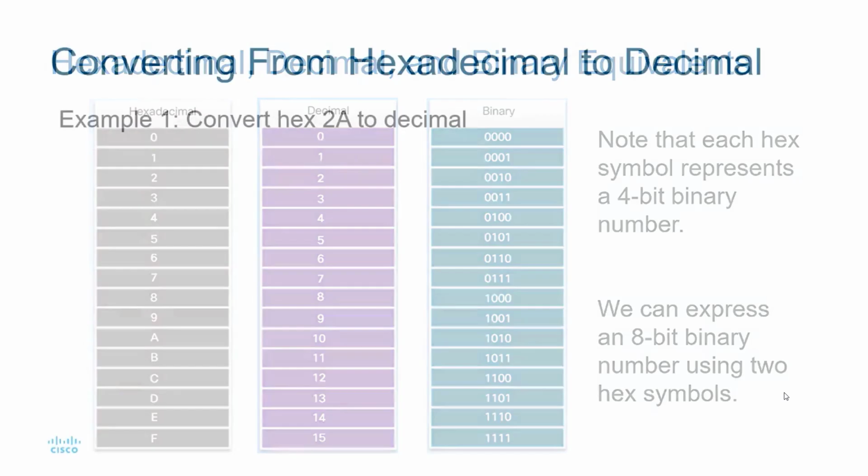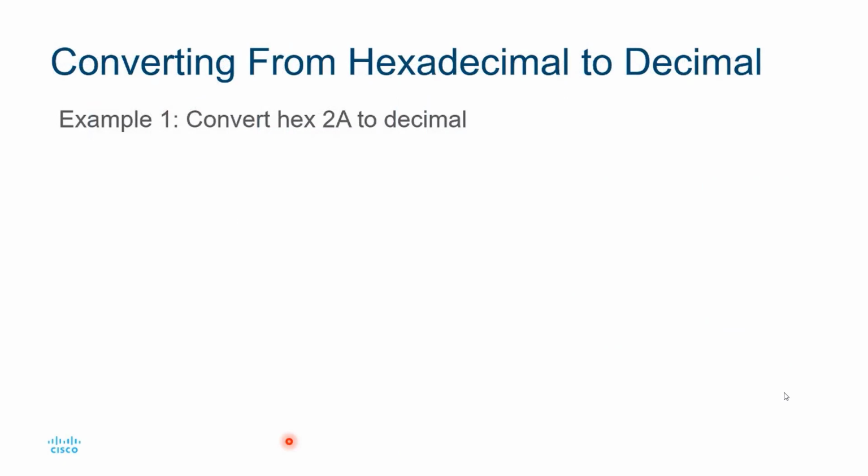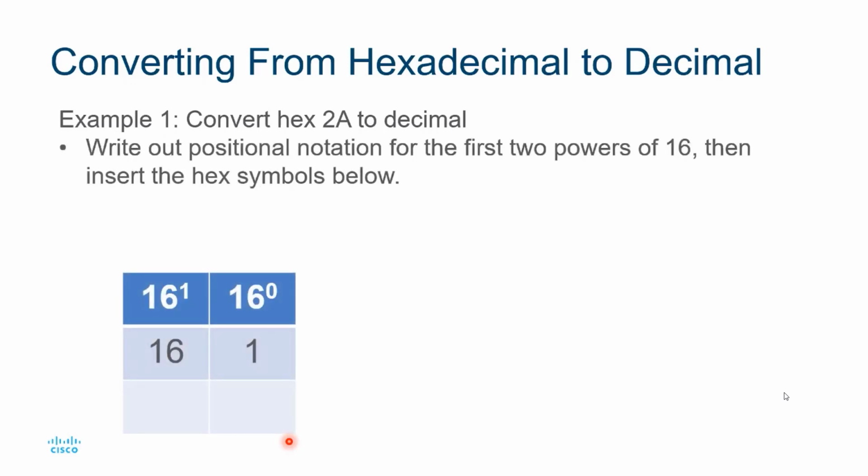In this first example, let's look at converting hex 2A to decimal. First, I'll write out the positional notation for the first 2 powers of 16, then insert the hex symbols below the corresponding place values, 2 under 16 and A under 1.